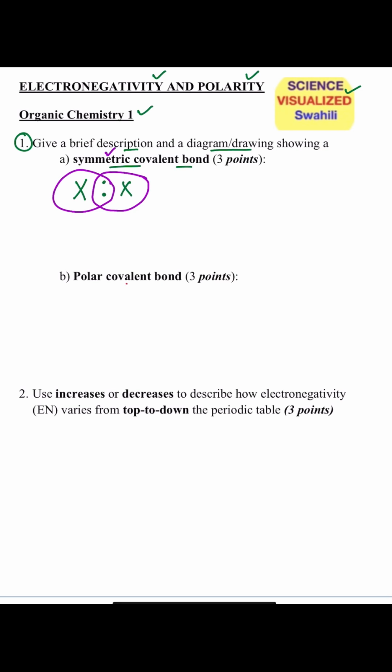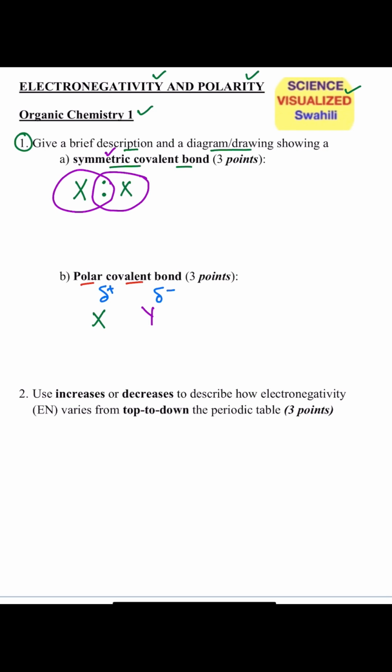The other type of covalent bond is called a polar covalent bond, and that's where the electrons are not equally shared. So for example, if you have an X and say you have a Y, and if Y is stronger in electronegativity value, we say delta minus, so partial negative, and X will be weaker in electronegativity, so we give it a partial plus.